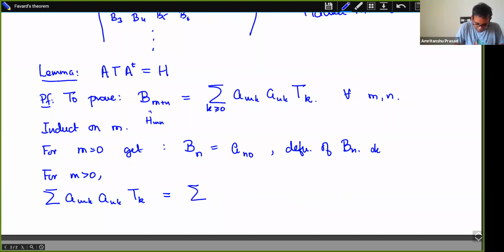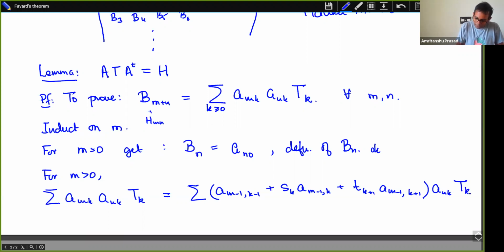So what we get is the summation of am minus 1 k minus 1 plus sk am minus 1 k plus tk plus 1 am minus 1 k plus 1, and this is multiplied by ank tk.